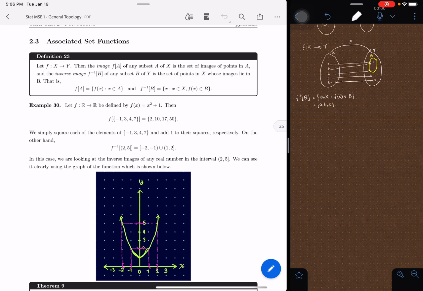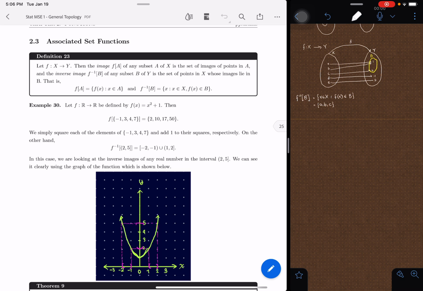For example, if we are going to get the image of the set containing negative 1, 3, 4, and 7, to get those images we simply substitute these four numbers into the rule of our mapping, which is squaring plus 1.